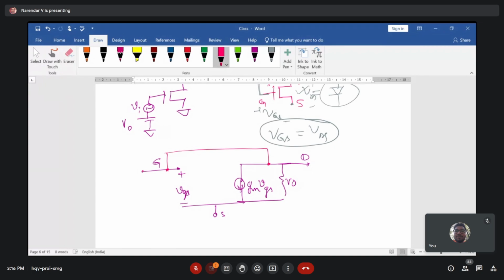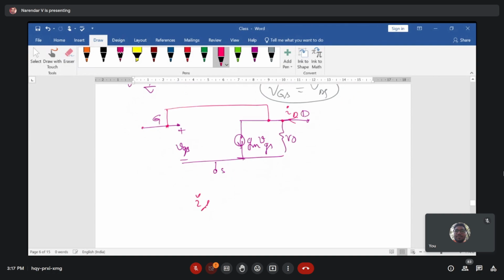When it is shorted, then what you can see here is that this circuitry now has a current called ID, which is going through this. And now if you write the KCL at this node, then you can see that ID is equivalent to GM times VGS plus VDS by RD.